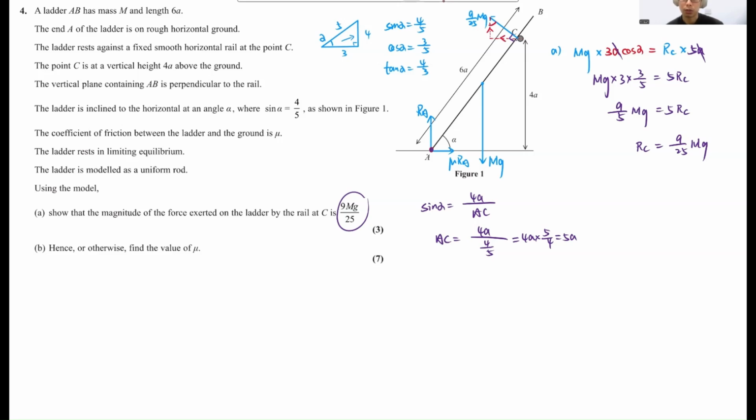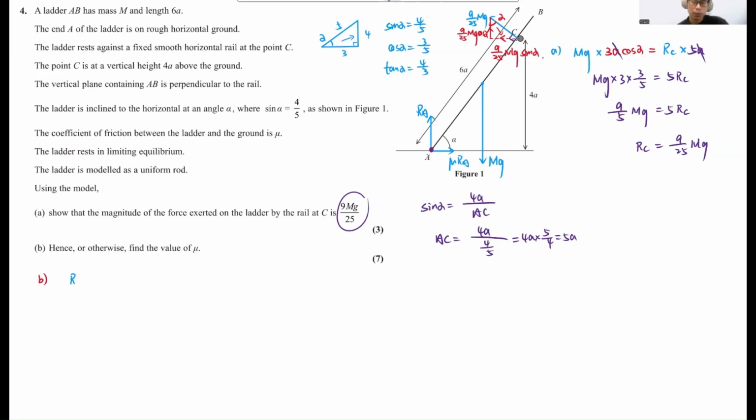So this angle should be equal to alpha. That will be 9/25 mg cos alpha, because this one is the adjacent, and then that would be the opposite, so 9/25 mg times sine alpha. Because it's in limiting equilibrium, force going up equals force going down and left equals right.